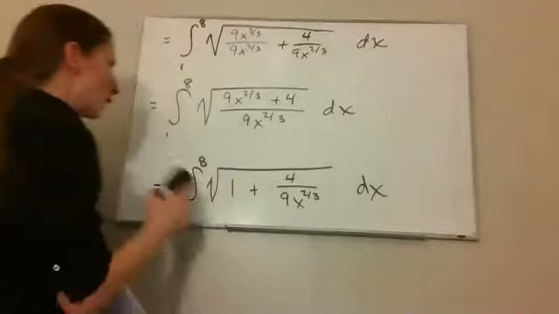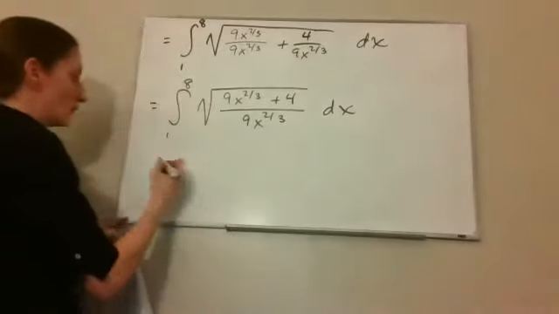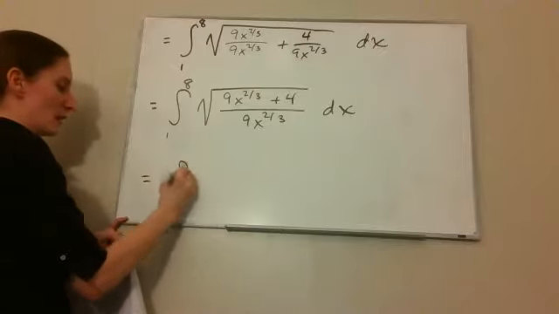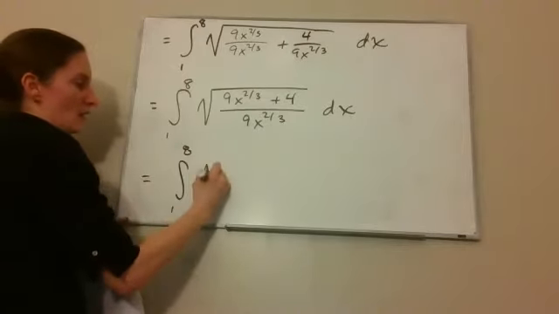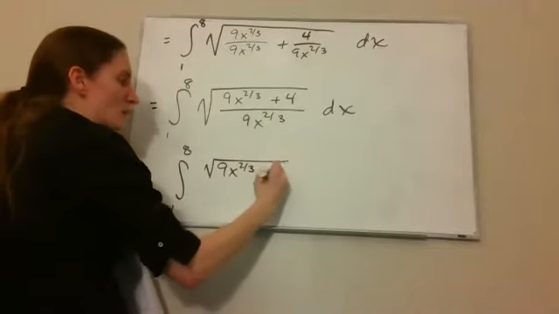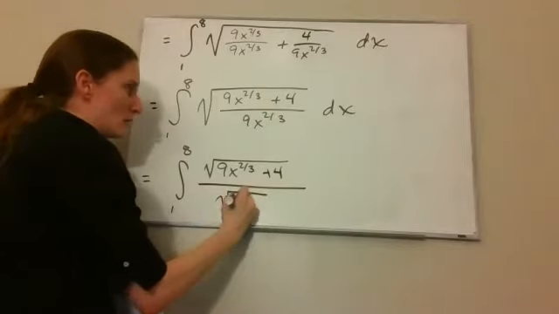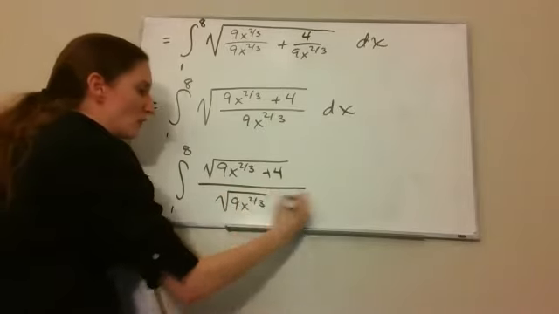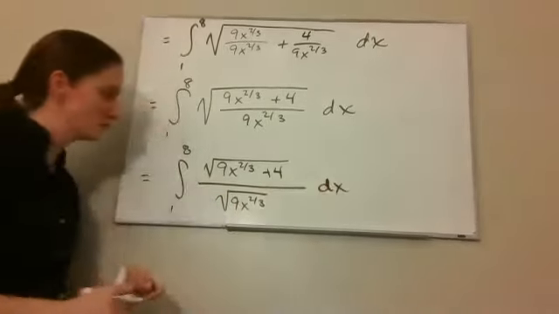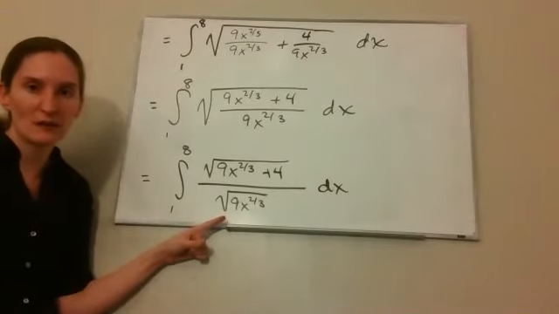We know that a square root of a fraction is equal to the square root of the top over the square root of the bottom. So I have a square root of 9x to the 2/3 plus 4 over a square root of 9x to the 2/3 dx. Take a look at the denominator. We can simplify that square root.